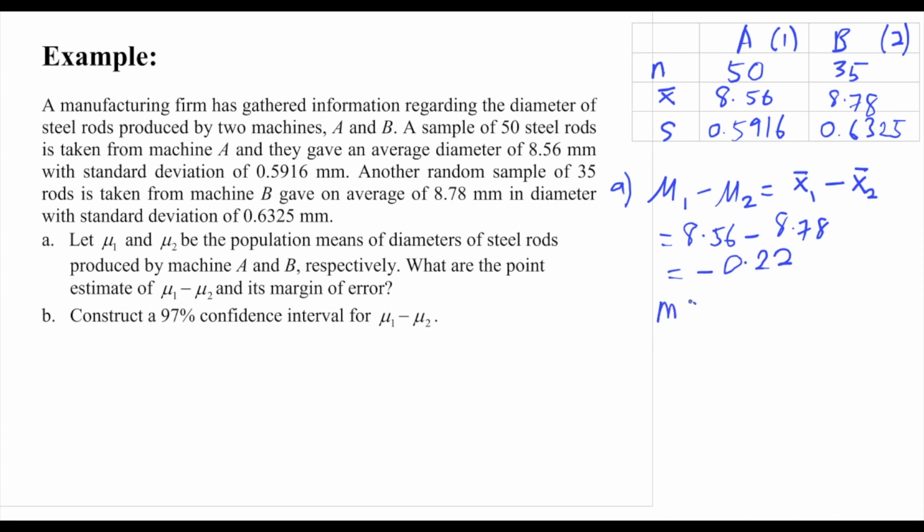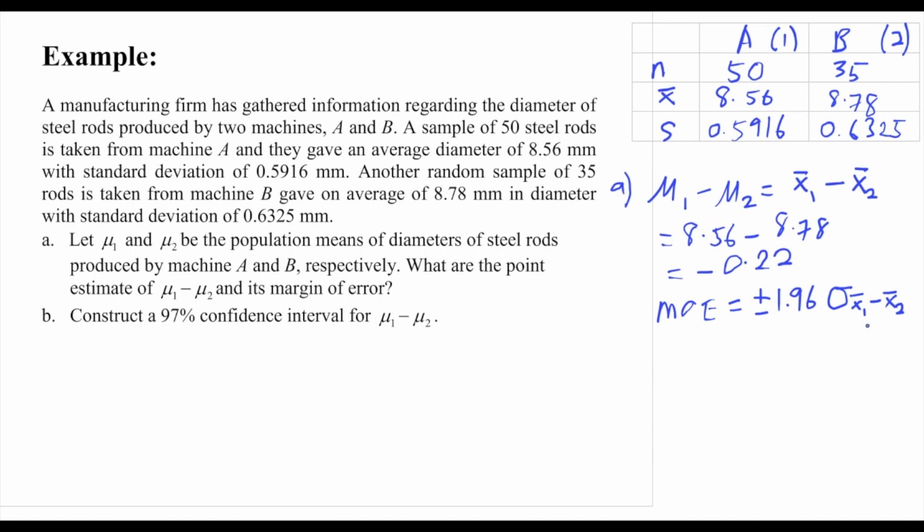What is the margin of error? Okay, easy. What's the formula for your margin of error? Plus minus 1.96 sigma x bar 1 minus x bar 2. Okay, I'm not sure if you could already remember the formula for sigma x bar 1 minus x bar 2.